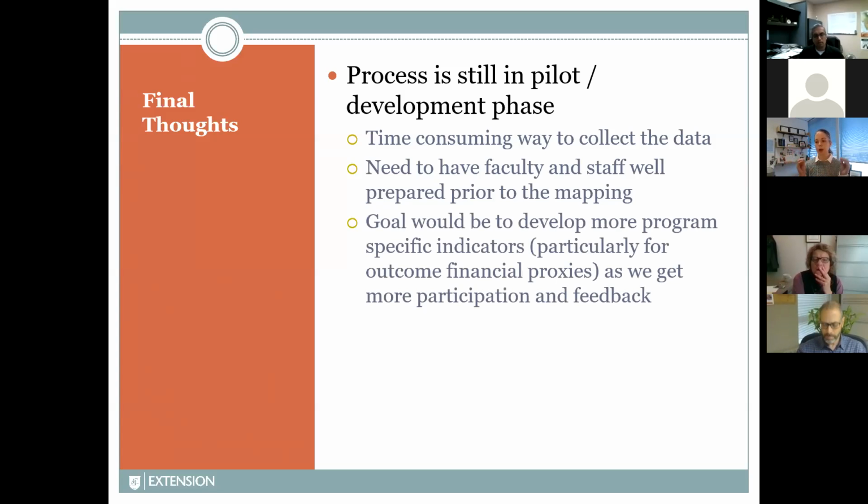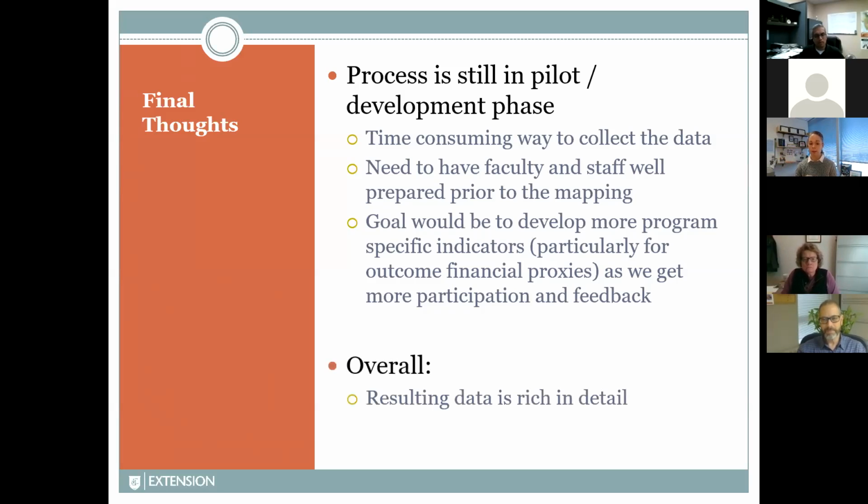So there are some programs that are consistent across our counties that if we could create some program-specific indicators related to those, we might be able to share them in a way that would happen across counties, and that would get us more information. So as we do this and get more participation and more feedback, we're looking to standardize where we can, understanding that there are still some very specific things that we haven't necessarily figured out yet.